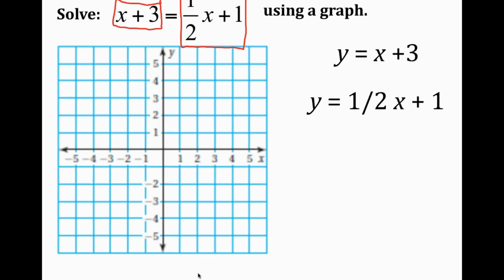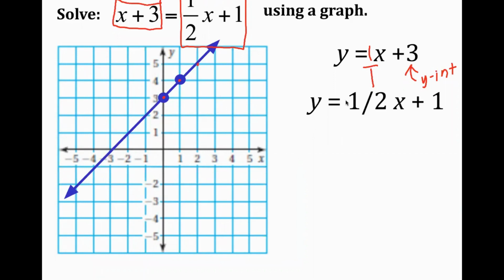And since they are in slope-intercept form, we can go ahead and start graphing them. For y equals x plus 3, our y-intercept is +3. So plot 3 on the y-axis, and now we have a slope of 1 over 1. And this is +1, so you would rise 1 unit and then run 1 unit to the right. And you can do that a few more times. Once you've plotted your points, go ahead and connect them with a line.